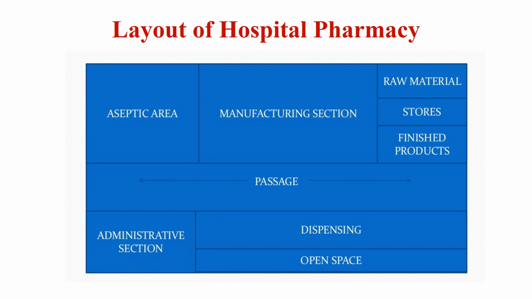The manufacturing room should be adjacent to the pharmacy. The outpatient pharmacy should give a pleasant appearance and must have enough space for sitting of patients who have to wait for medicines. Medical stores or pharmacies should be adjacent to the pharmacy itself or directly connected to it.